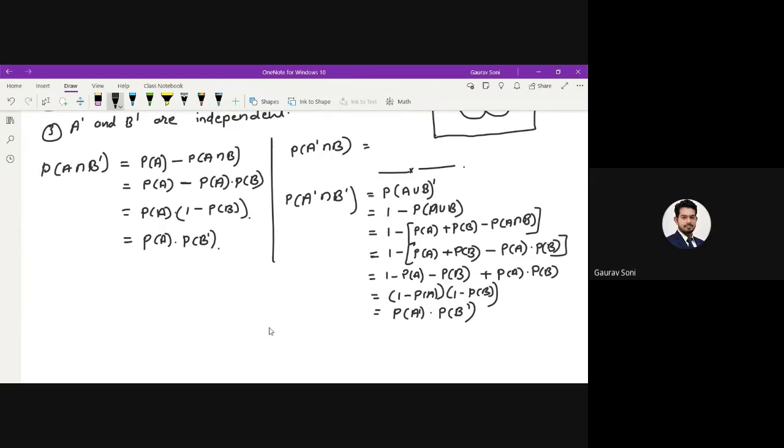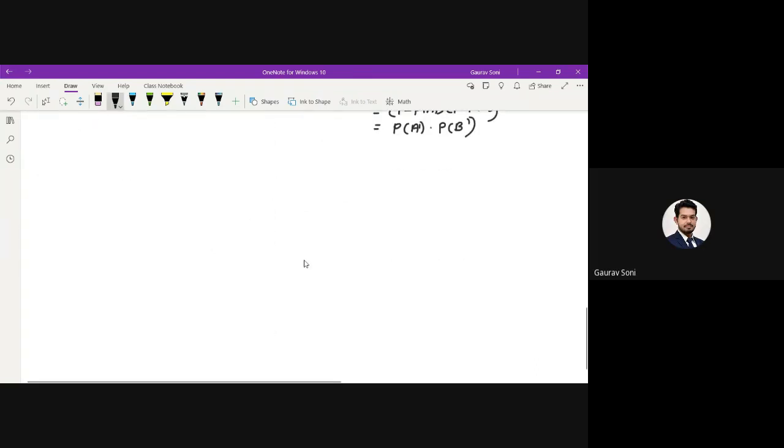I'll write down the independence for 3 events and then we'll go for examples. Independence of 3 events. There are 2 types in this.